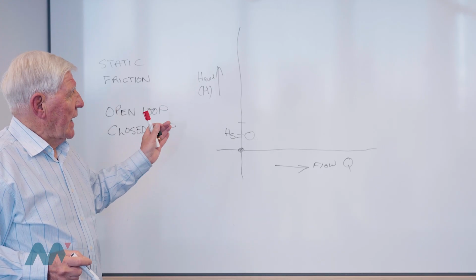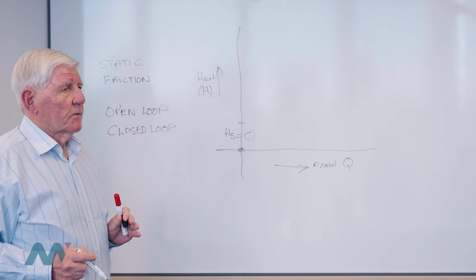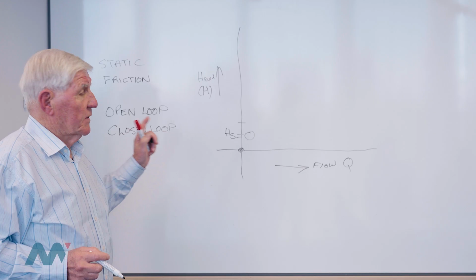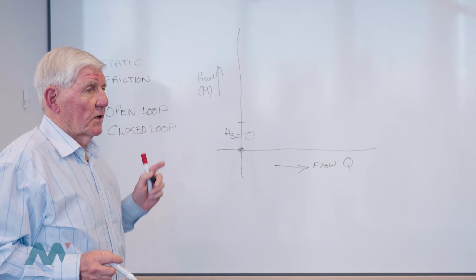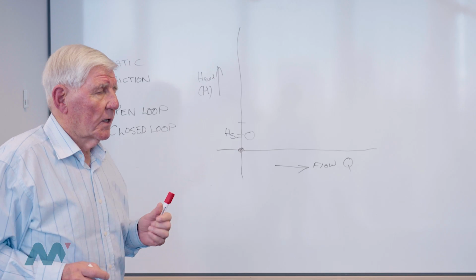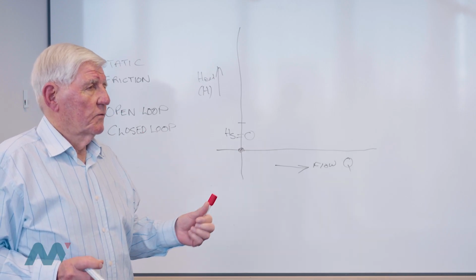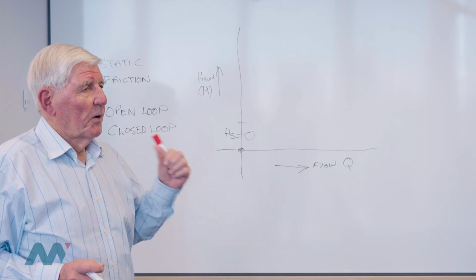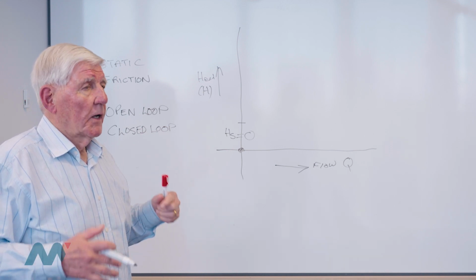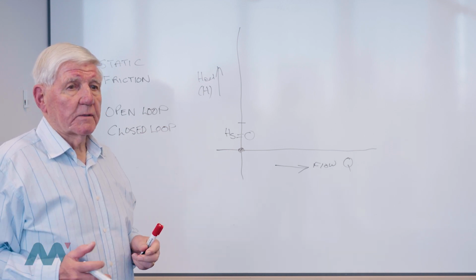Our total dynamic head, which the system curve is trying to project, is the combination of the static head plus the friction losses in the pipework. Now, the friction losses in the pipework are dependent on, first of all, the pipe material, the pipe internal diameter, and the overall pipe length. And all of these will vary from system to system.